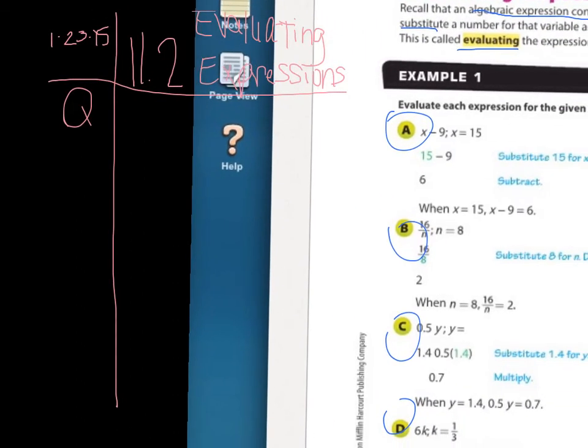A says x minus 9 when x equals 15. It tells you that x equals 15. Now, you're thinking it'd be a lot easier if they just told me 15 minus 9 to begin with. But they're getting you ready for more complicated problems that you'll have to do later.